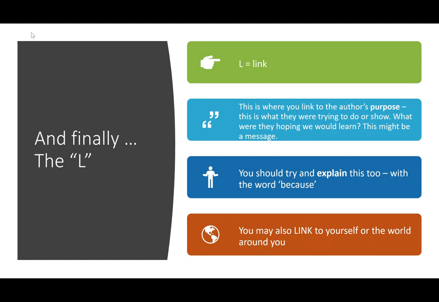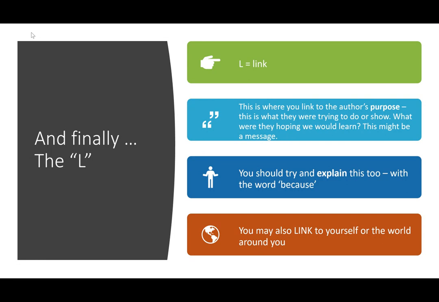What were they trying to make me think about? You should try and explain this too, all right? And that's that word because. You should be trying to do that. You explain your purpose, it's going to be better than just stating this is what the author was trying to show. You explain how or why they did that, you're going to go better in your essay responses.